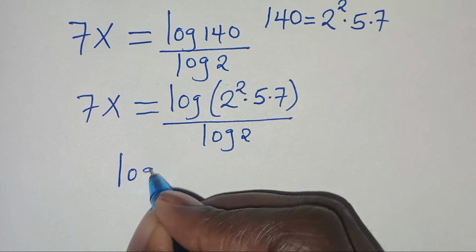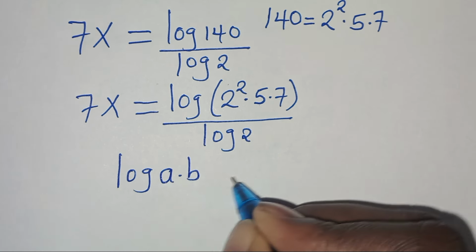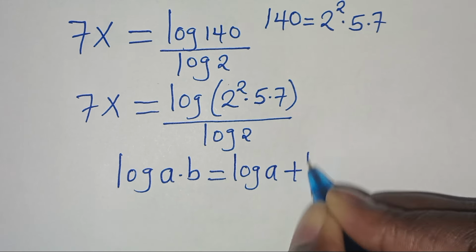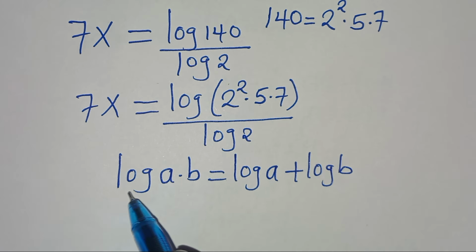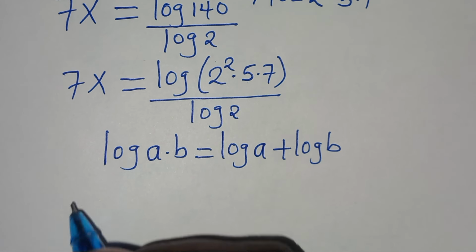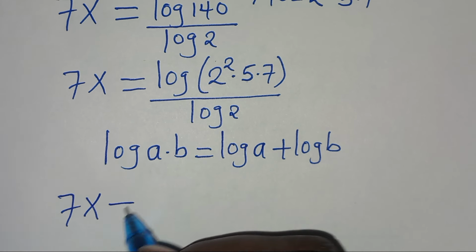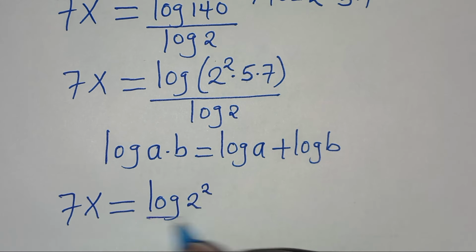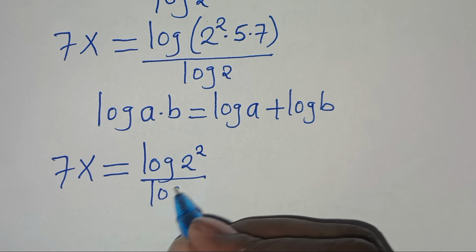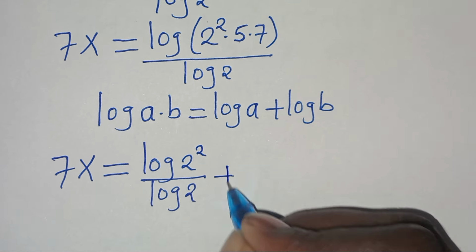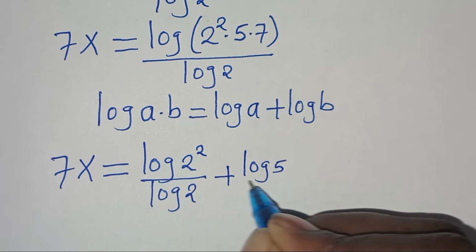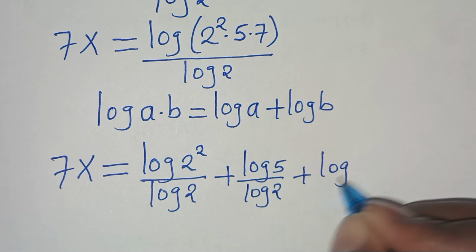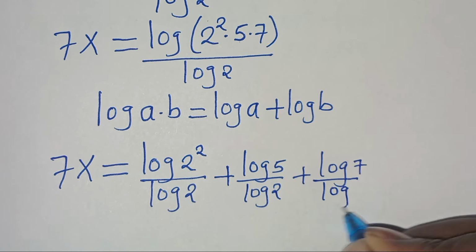So log of 2 to the power of 2 times 5 times 7. This is in the form of log a multiplied by b, which we can express as log a plus log b. Applying this logarithm property, then we have that 7x is equal to log 2 to the power of 2 divided by log 2, then plus log 5 divided by log 2, then plus log 7 divided by log 2.